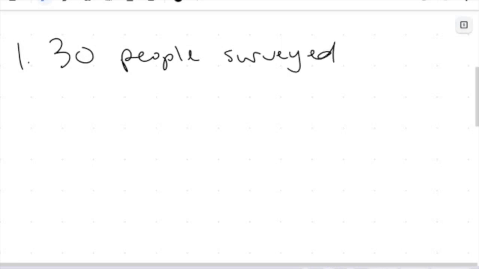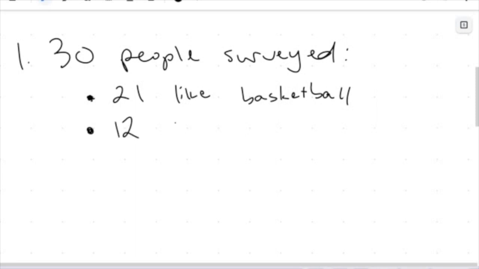Now let's say that we had 30 people surveyed about their favorite sport. So we have two different groups of people, I should say. So from these people, 21 like basketball, and we have 12 that like tennis.